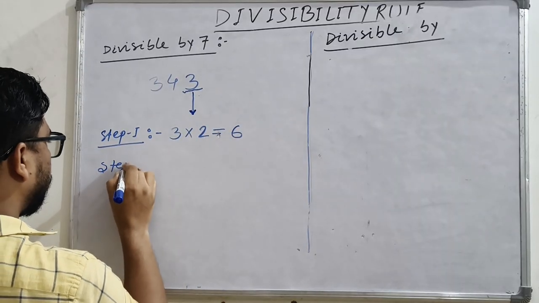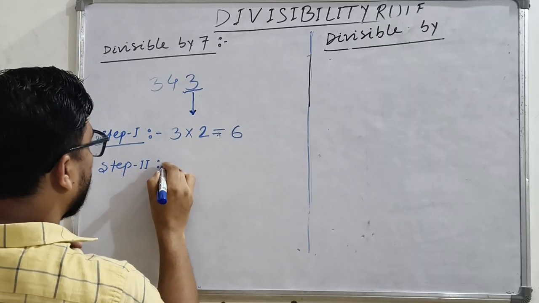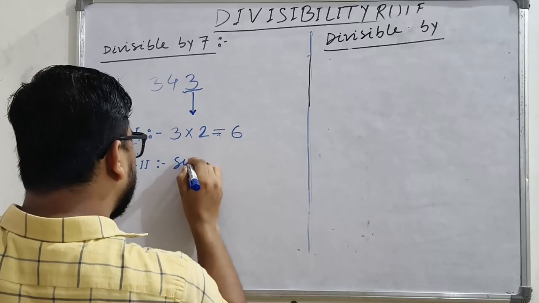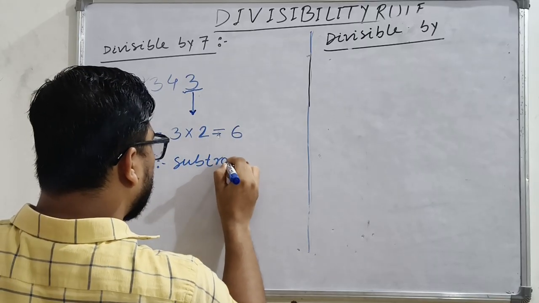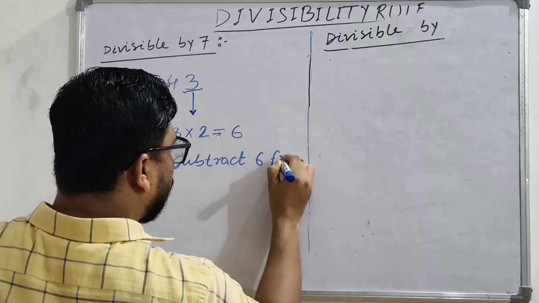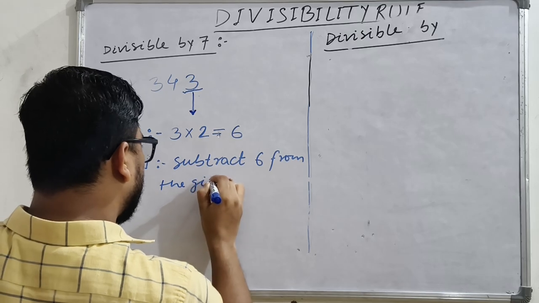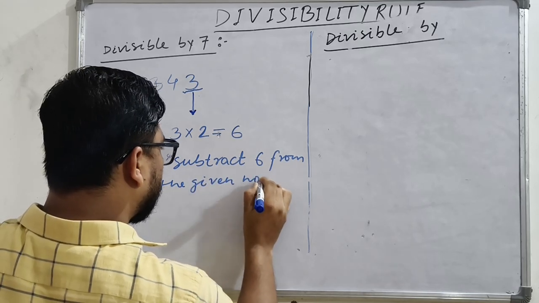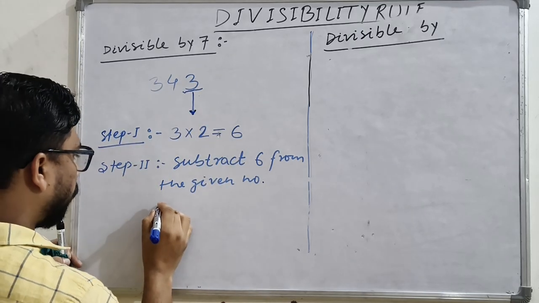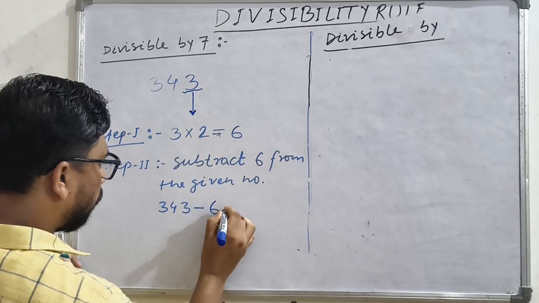Step 2, subtract 6 from the given number. That is, the given number is 343. 343 minus 6.